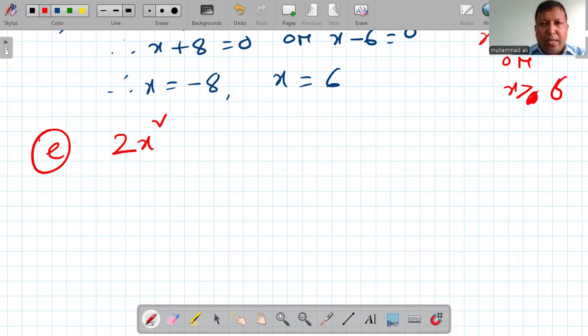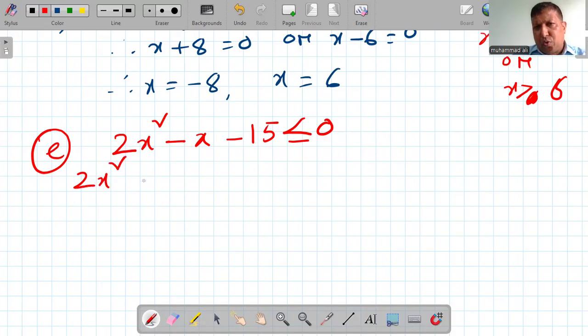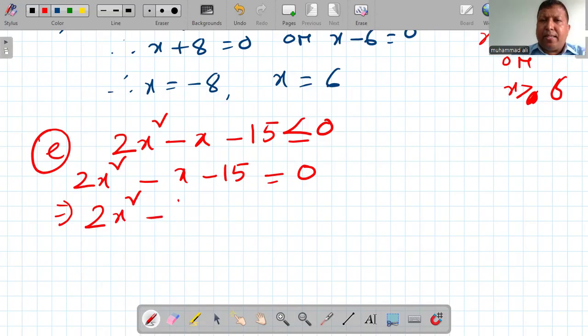Now E number, 2x squared minus x minus 15 less than or equal to 0. We have to write 2x squared minus x minus 15 equals 0. Now we try to do factorization. So we'll write 2x squared minus 6x plus 5x minus 15 equals 0.